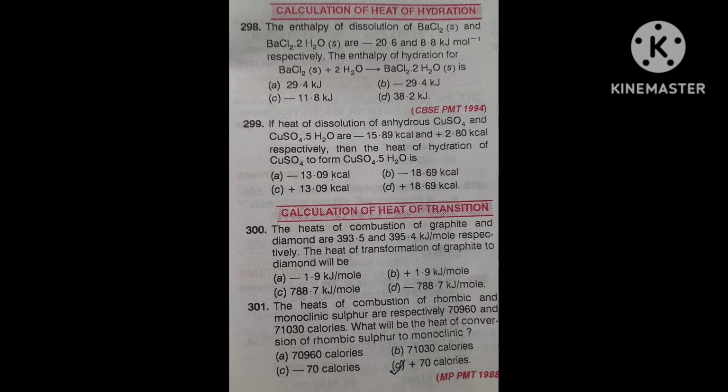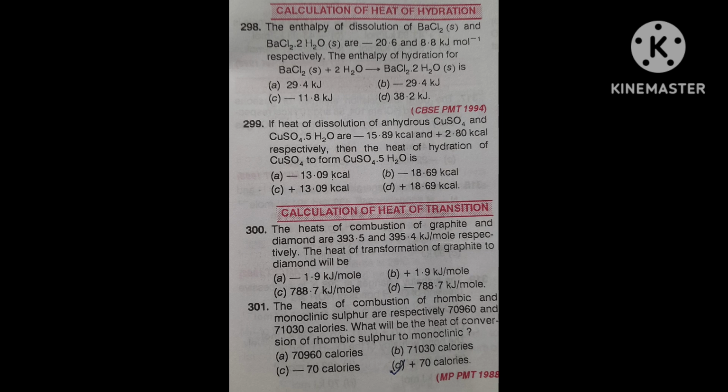Okay, now the same way equation 1 minus equation 2, because both values are heats of combustion. 70960 is minus, and the second value 71030 is also minus. Correct? Then you only have to do first minus second.